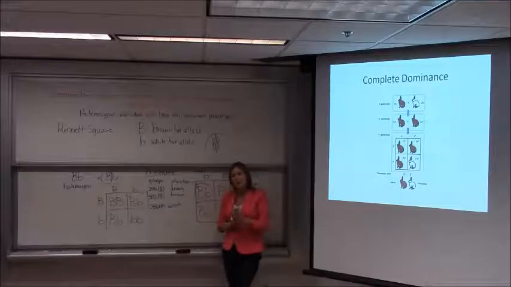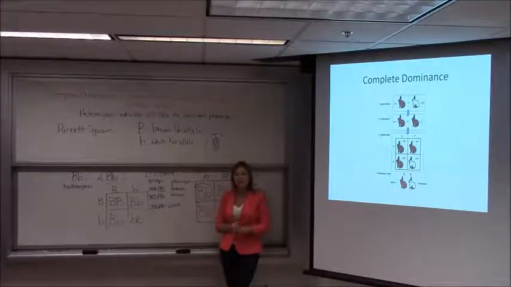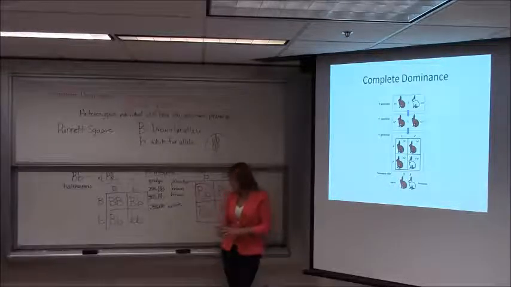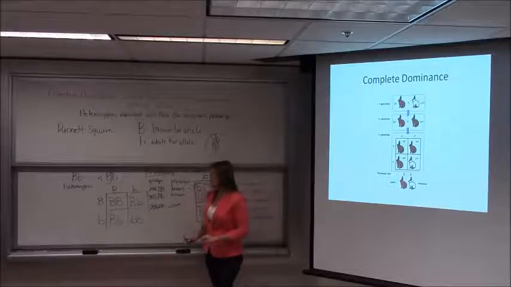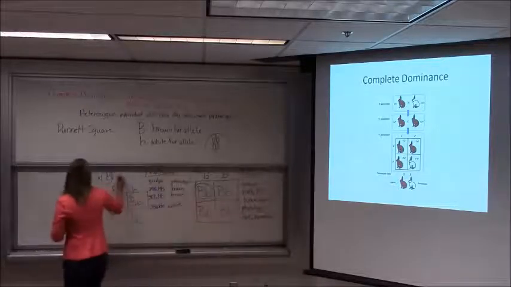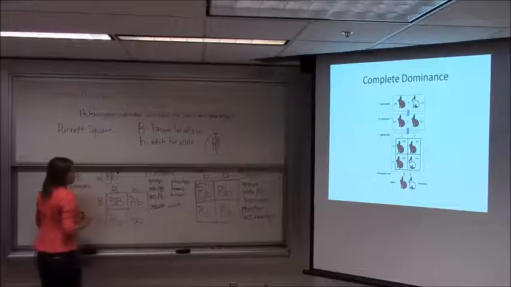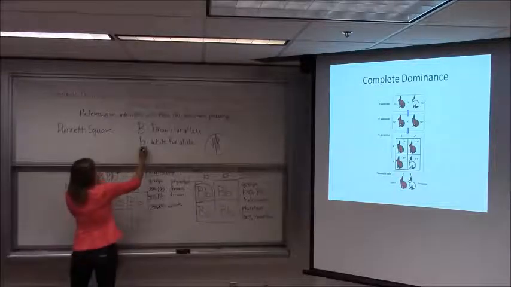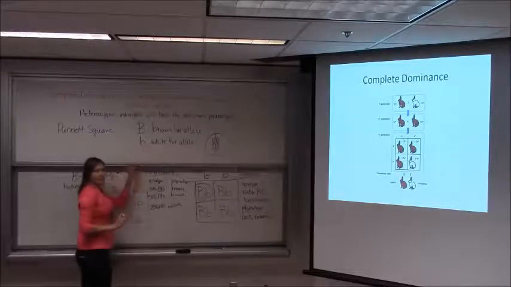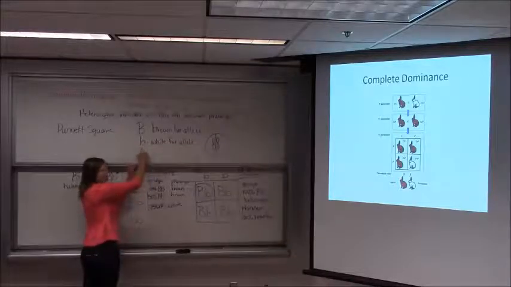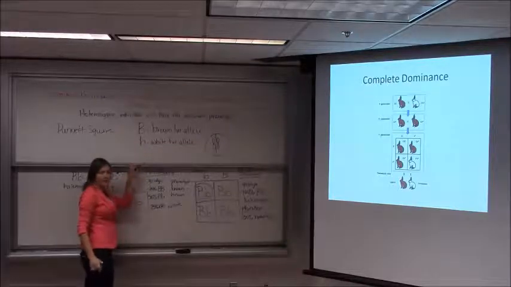This type of inheritance is especially important in understanding human genetic disorders because most human genetic disorders are carried on the recessive allele. The only way you can have the disorder is if you're homozygous for the recessive allele.